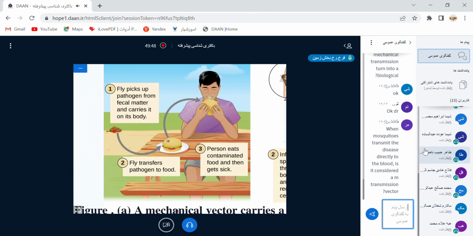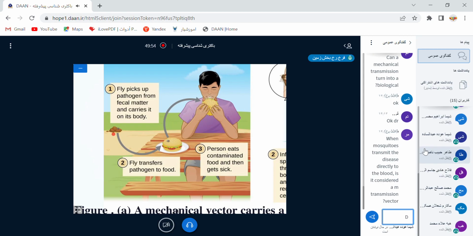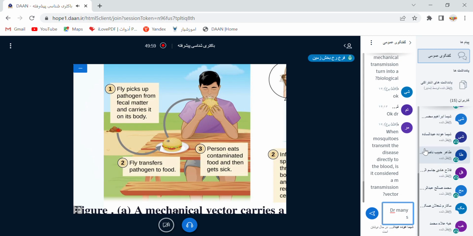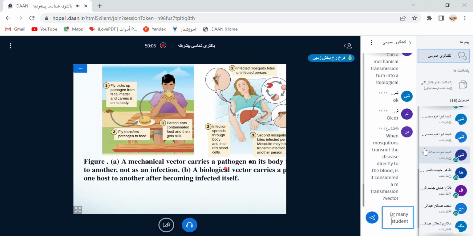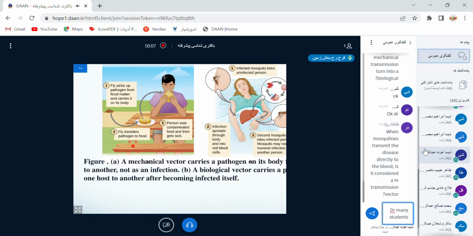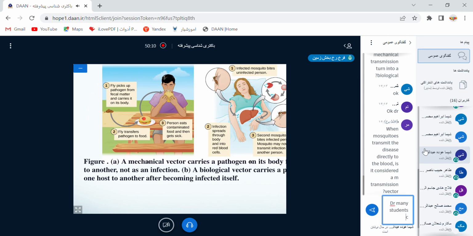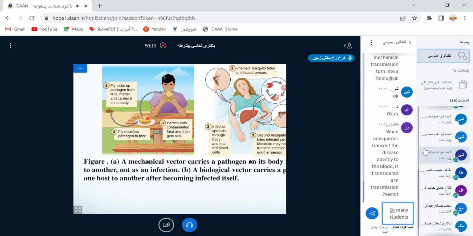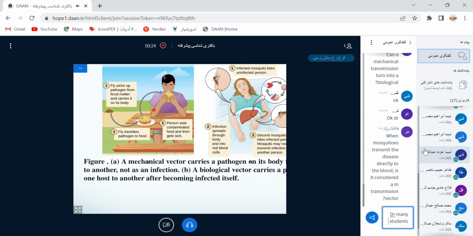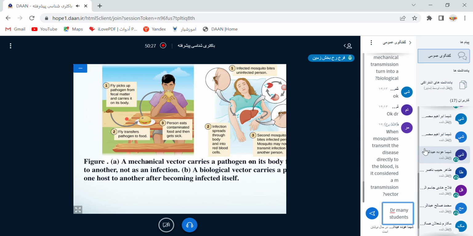In this mechanical vector example, we explained that flies sit on feces with pathogens on them, and when they sit on food or water or vegetables, they contaminate them. We never explained transfer to blood. Transferring to blood does not happen.